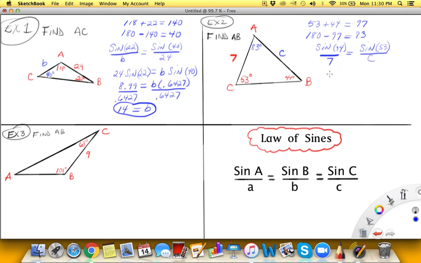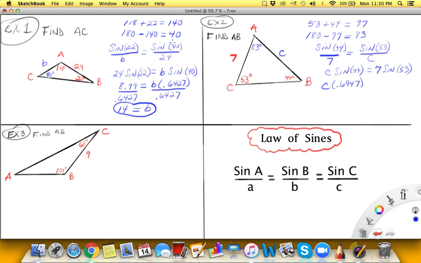So c times the sine of 44, c sine 44 is equal to 7 sine of 53 degrees. Now, when I do the multiplication here, the sine of 44 degrees is actually, so we're going to have c times 0.6947.